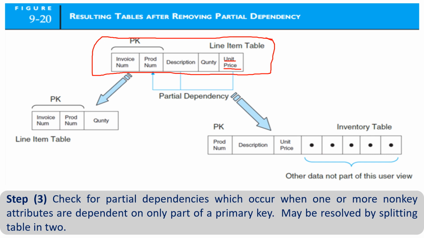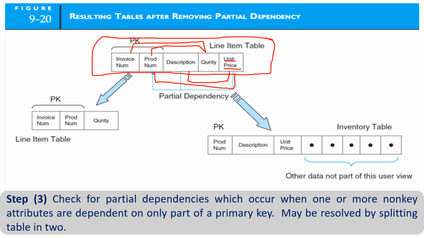Unit price depends on the product key, and also partially depends on the description. But if you see, quantity depends on the invoice number and also on the product number, so it is in the primary key. So accepted. So what we will do now, we will split this table into two tables.